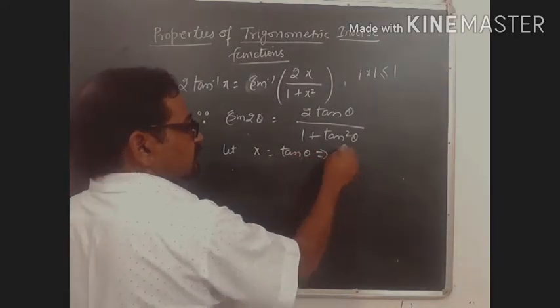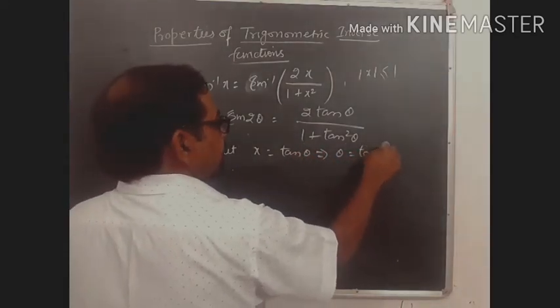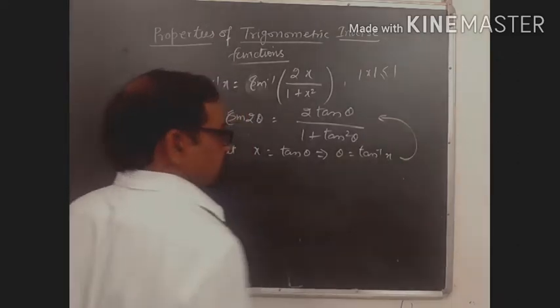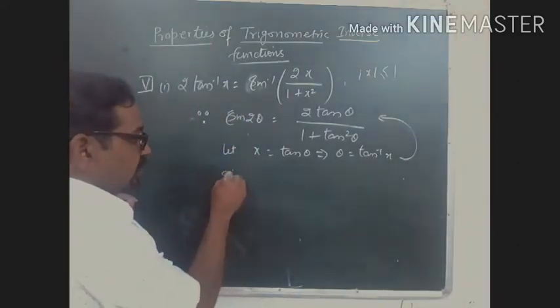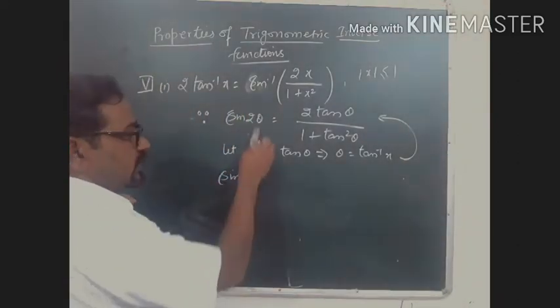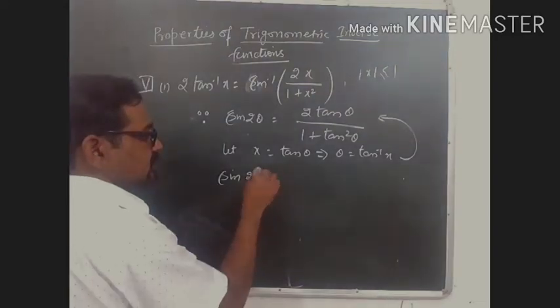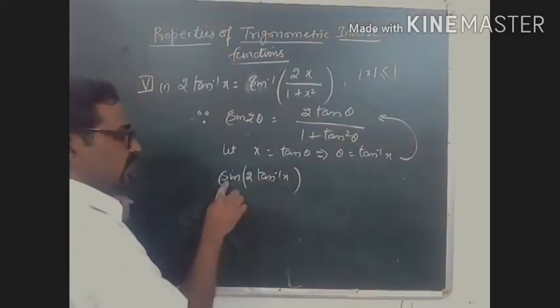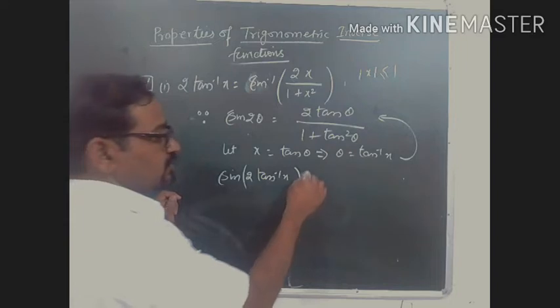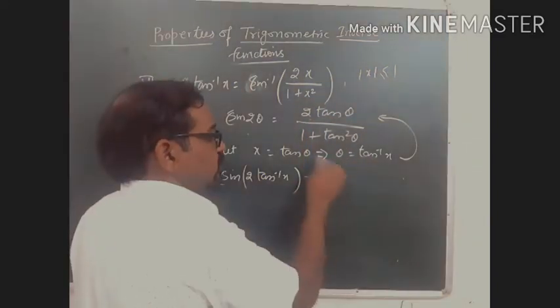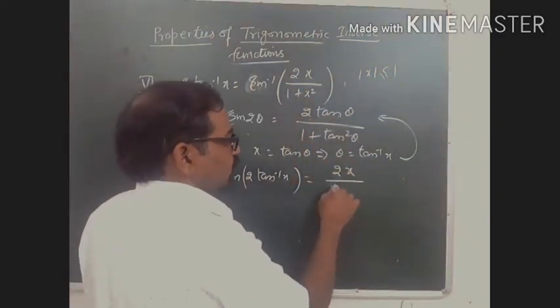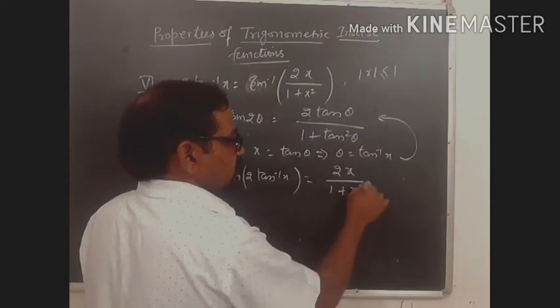X = tan theta means theta = tan inverse x. Put this value in this identity. So sin 2 theta, where theta is tan inverse x, equals 2 tan theta, which is 2x, upon 1 + tan square theta, that is 1 + x square.